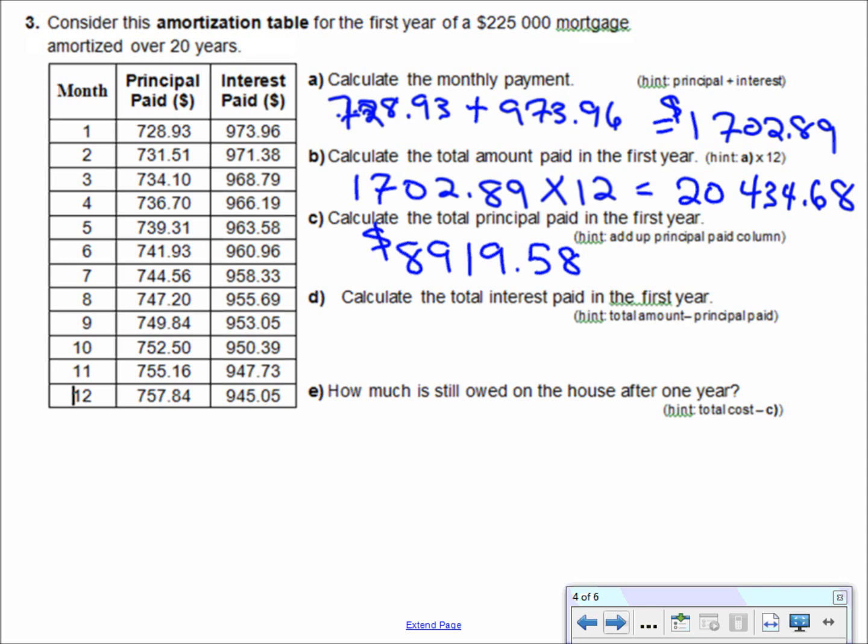Okay, next. Calculate the total principal paid. So now we're just going to use the principal column. Stop being lazy and making Adam and me do it. Why doesn't someone else try? Someone else better be adding it up with me because I need someone to check against.